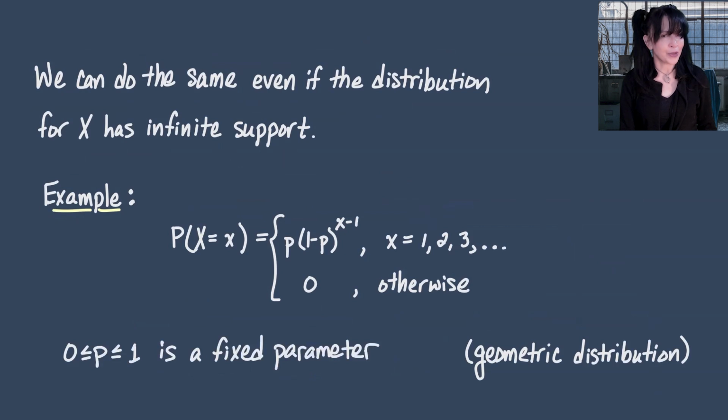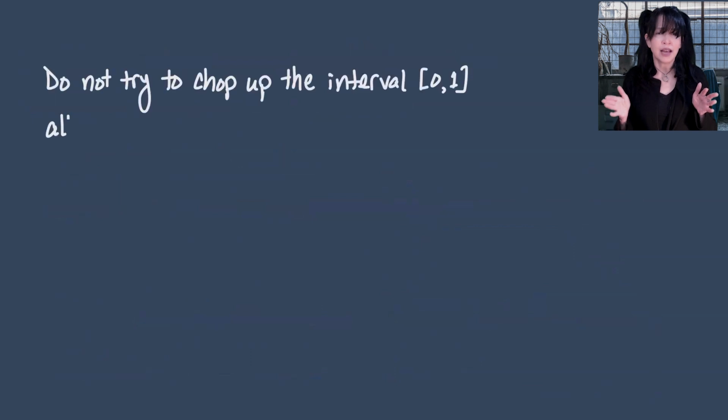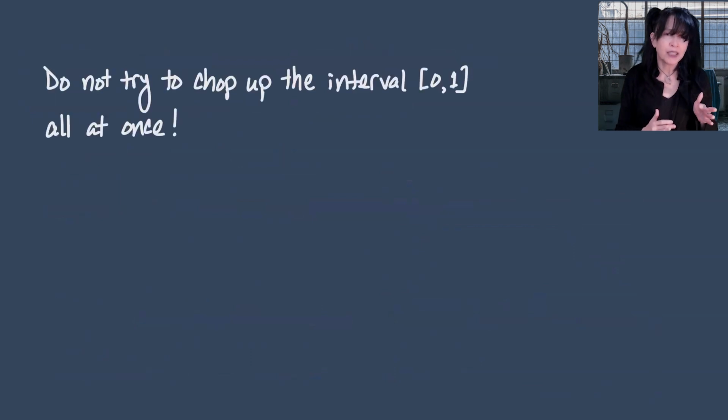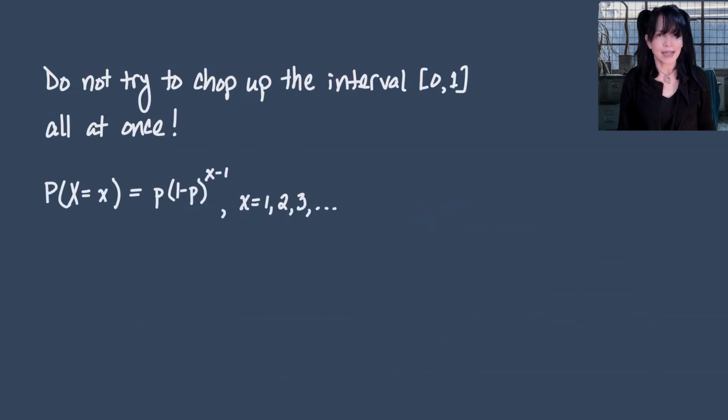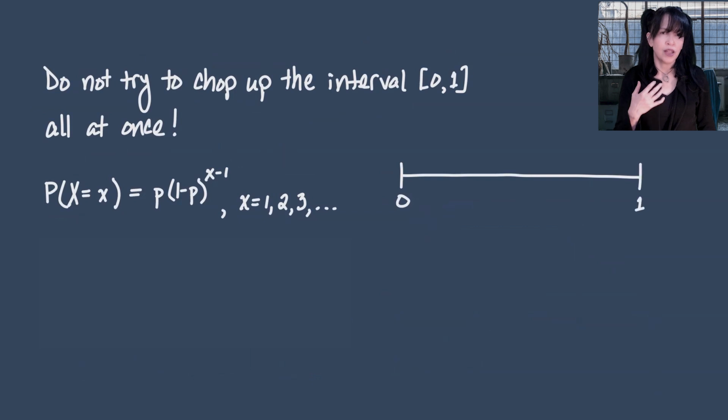So how are we going to do this? I just said we're going to use interval chopping, but you don't want to try to take your interval and chop up all the probabilities all at once because there's an infinite number of them. So what you do is just look at one interval at a time. The first interval here would correspond to the probability that x equals 1, which is a lowercase p.